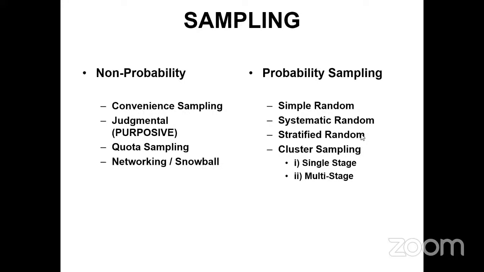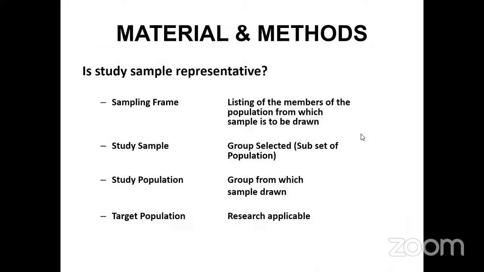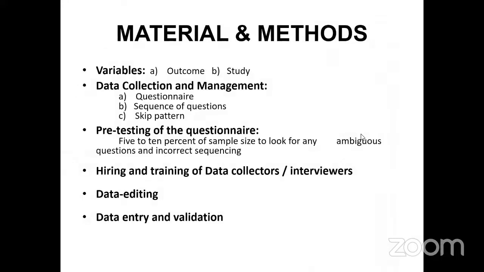So 240 people you can select in the population and find out what is going on. And you should prepare the sampling frame. If it is a population-based study, it may not be possible to make a whole sampling frame, but at least a sampling of units you can have, from which you will select units.